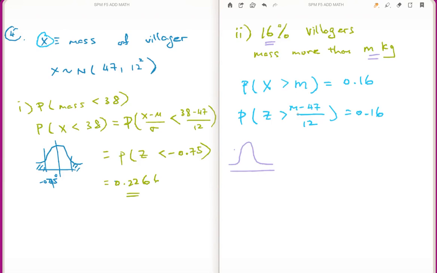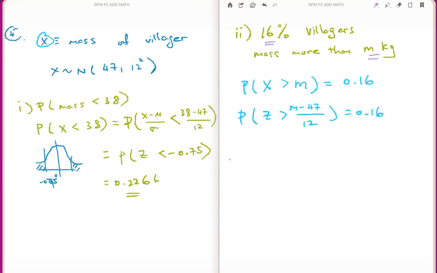But 0.16 would not make sense then, because the area would be definitely more than 0.5. So it's impossible that m is less than 47. Therefore, I know that my m must be more than 47, so that I get a positive number.